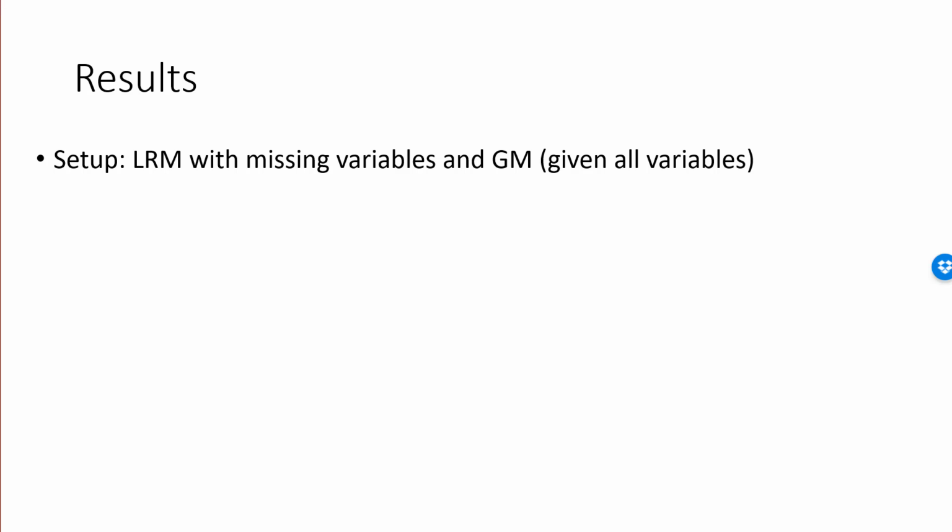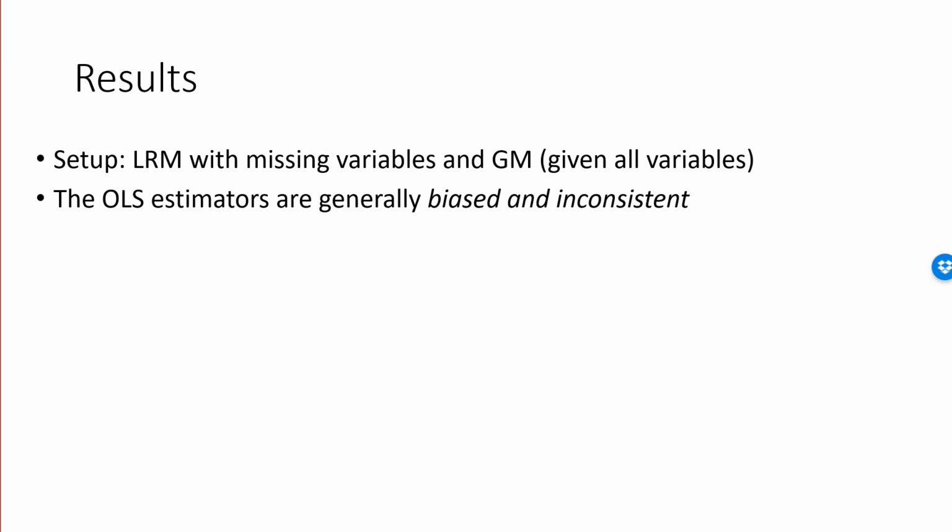So here's the bad news. If you fail to include an explanatory variable in your model that should be included, then the OLS estimators will in general be biased and inconsistent. That means that when you estimate your beta parameters, then your estimator is not correct on average.